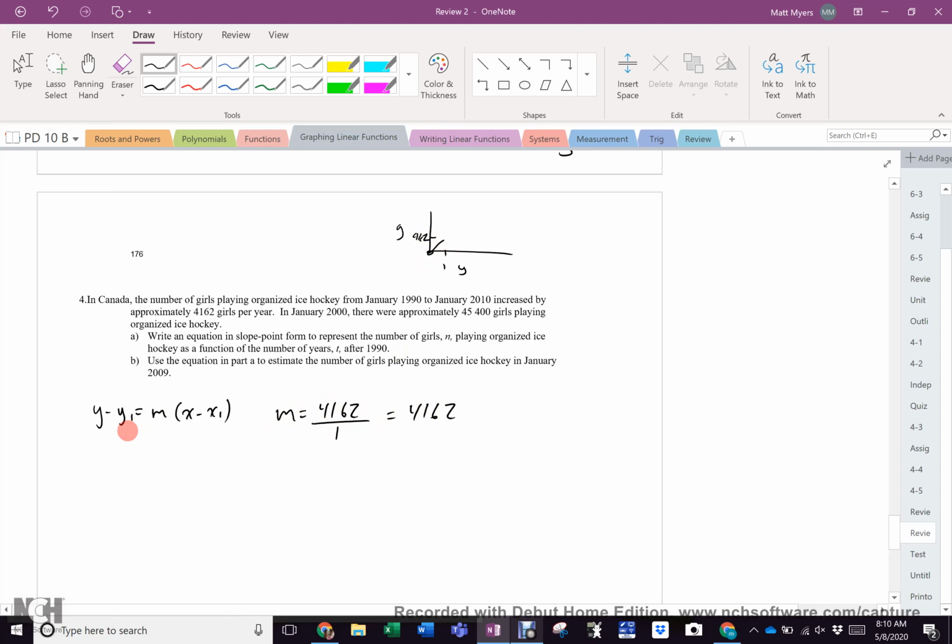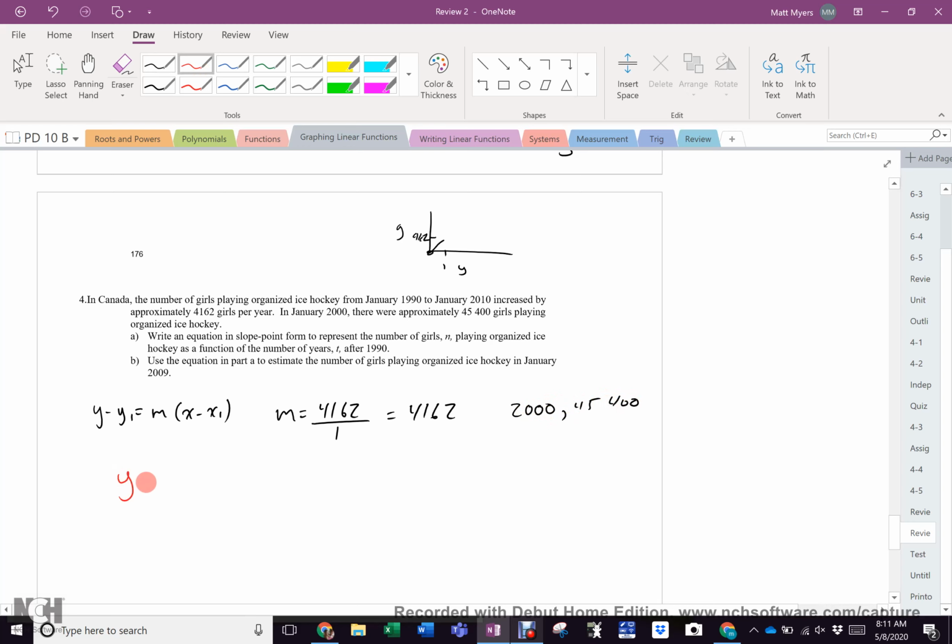Do I have some points? Sure I do. In the year 2000, there were 45,400 girls playing hockey. Well, there's a year. There's how many girls. Years, girls. So I know that 2,000, 45,400. There's my point.